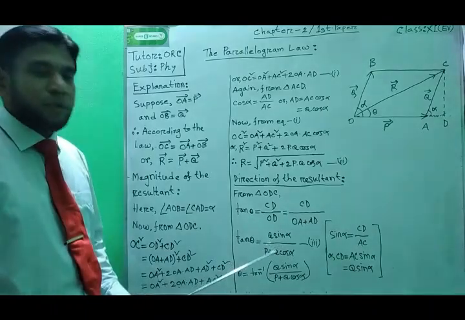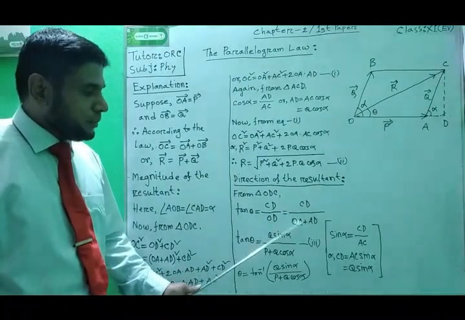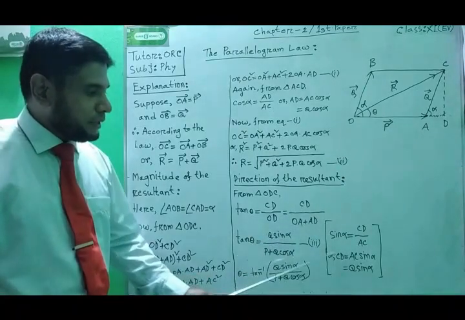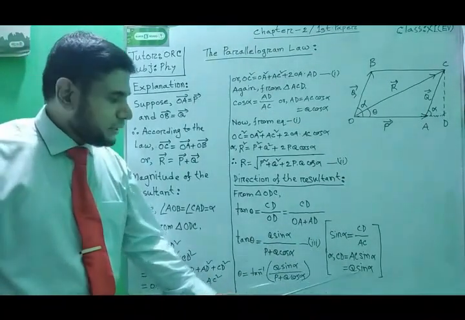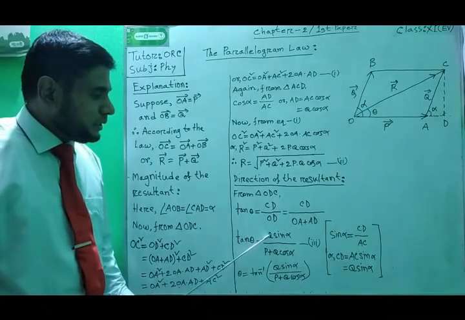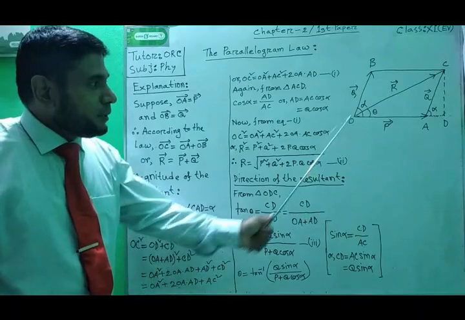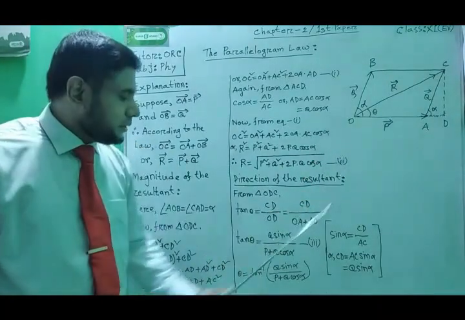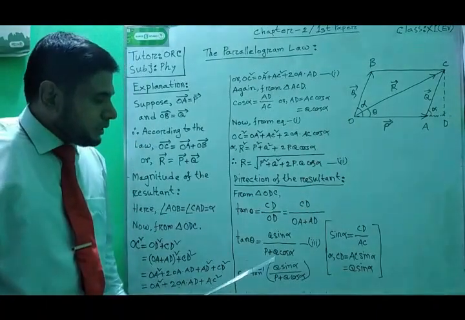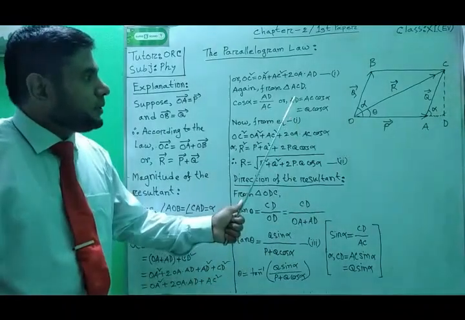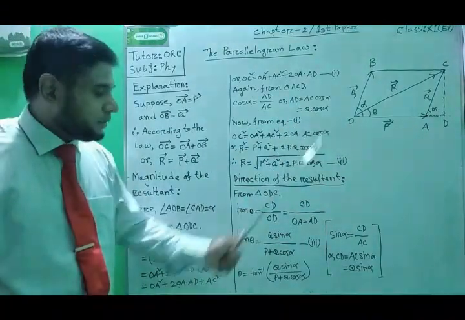Again, how have we got this information? Tan theta equals CD divided by OA plus AD. In place of CD we have Q sin alpha, in place of OA here is P, and in place of AD here is Q cos alpha.